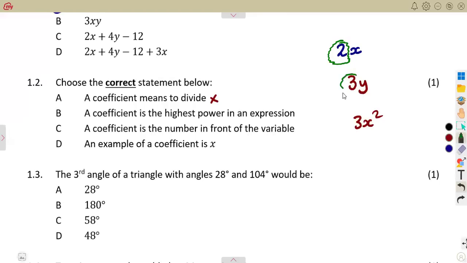The number here, in front. There we've got the variables. So that is not to divide.